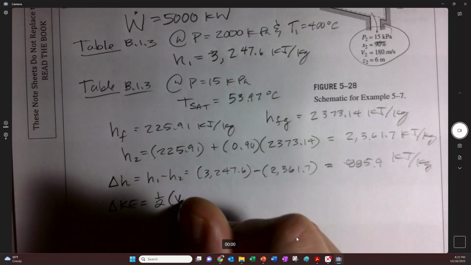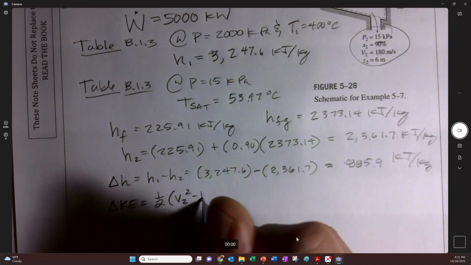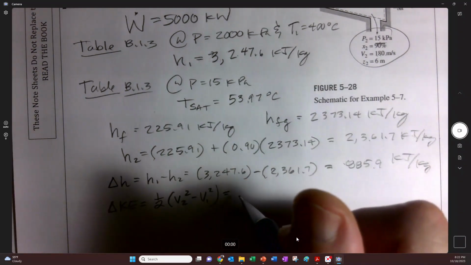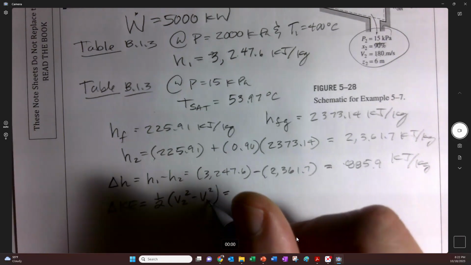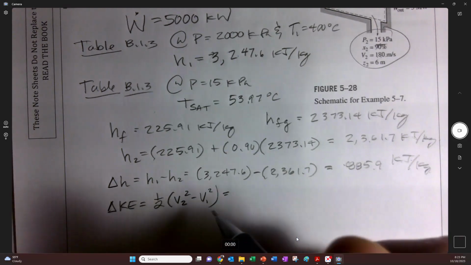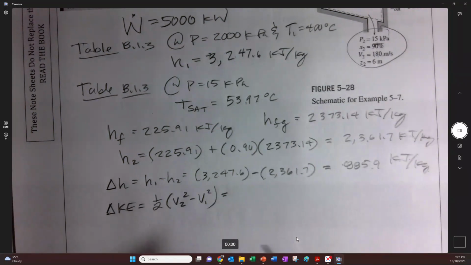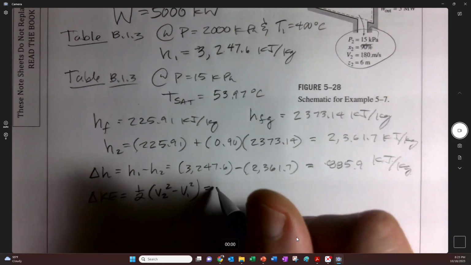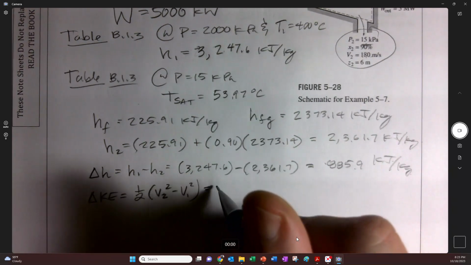You have to remember to divide this by 1,000 because we're going to get meters squared per second squared, but to be able to compare to kilojoules per kilogram, we need to divide by 1,000.